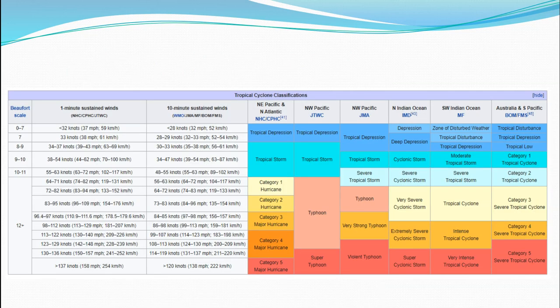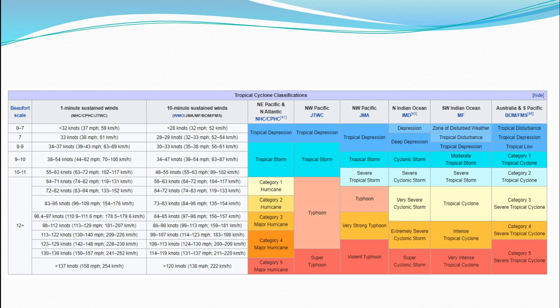Now, these categories really only apply to our northern Atlantic storms and the Northeast Pacific, and those are the ones that tend to affect mostly the coast of Mexico and sometimes the very southwest coast of the United States. And so these are the categories we're used to and the ones I just went through for you.